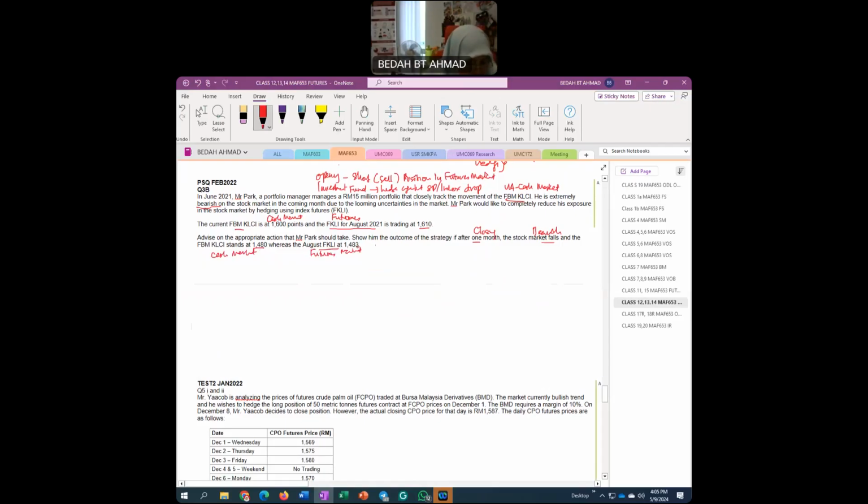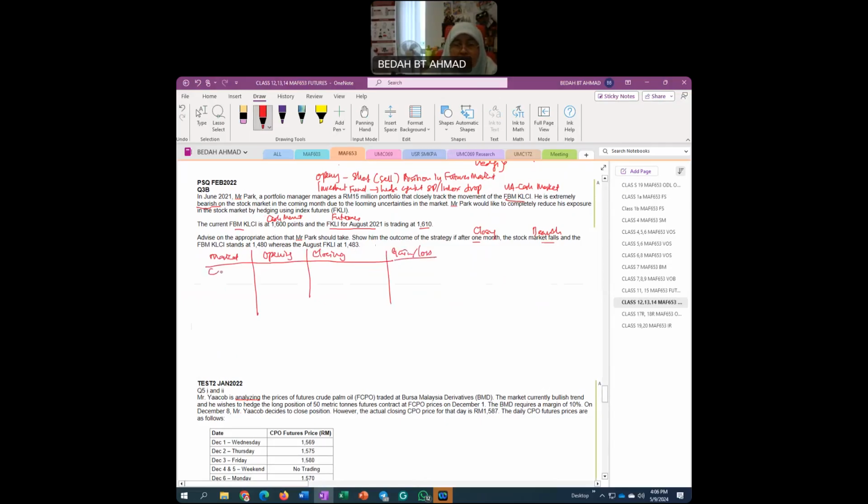1483. Yeah, so 1483. Okay, so now as usual, you just do the quadrant. So the types of market, we have the opening, we have the closing, then we have the gain or loss.